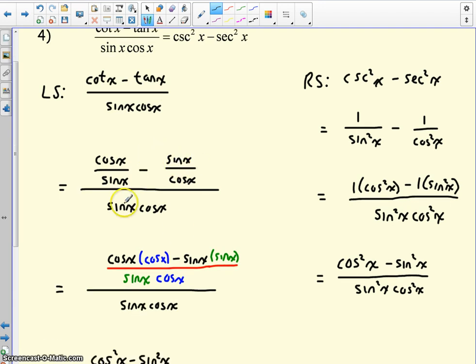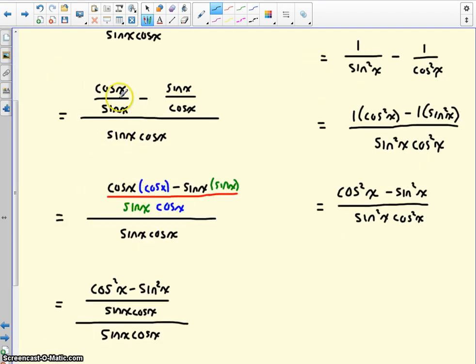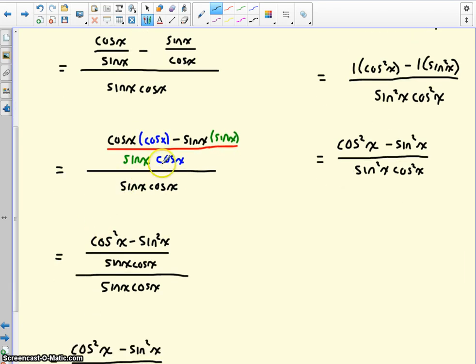Okay, now on the left side, I have a fraction within a fraction, but first I had to find a common denominator between the ones in the top and subtract them. So the common denominator between sin x and cos x was sin x cos x. That gave me cos x times cos x minus sin x times sin x for my numerator there, which simplified into cos squared minus sine squared.